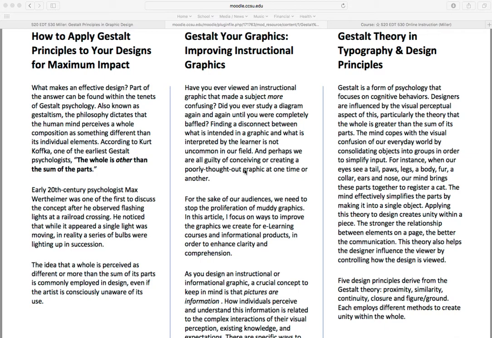If their brain looks at the whole picture and the whole picture doesn't make sense as a whole, they're going to have a harder time grasping the individual pieces that are on that page. Even if those individual pieces are clear, looking at how the whole thing is put together is important.